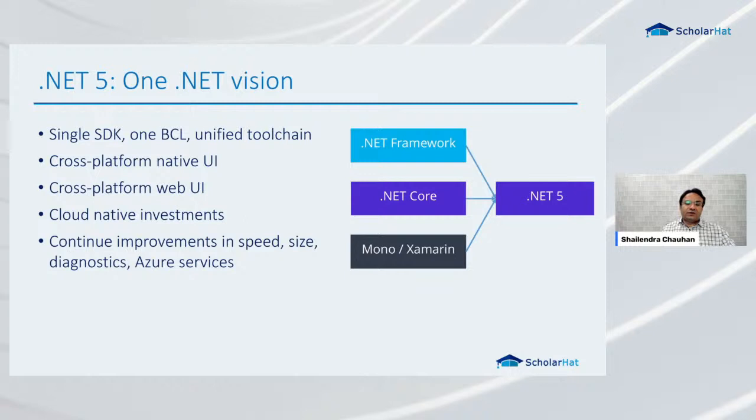But starting from .NET 5, you have to follow only one style, or you can say you just use one framework for building any type of application. It can be your mobile application, your desktop application, your microservices-based application. Any type of application we can build using .NET 5.